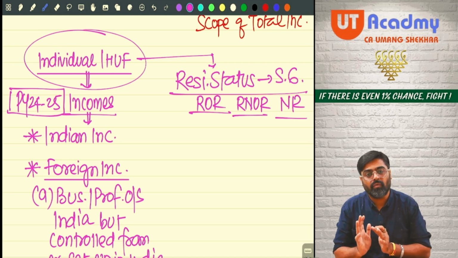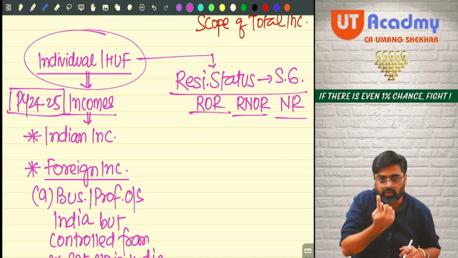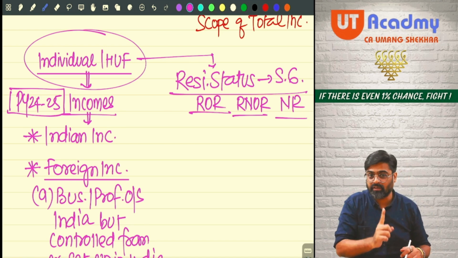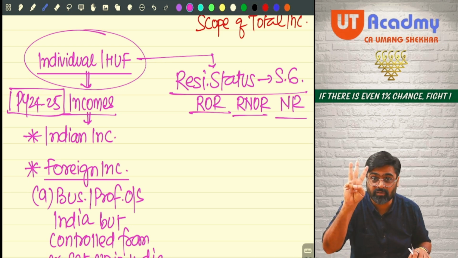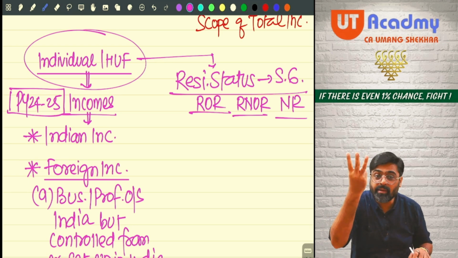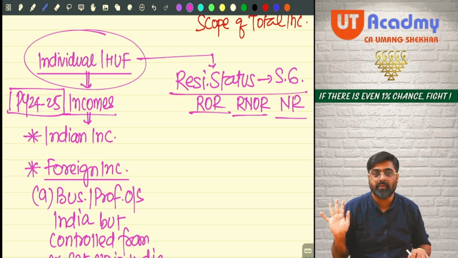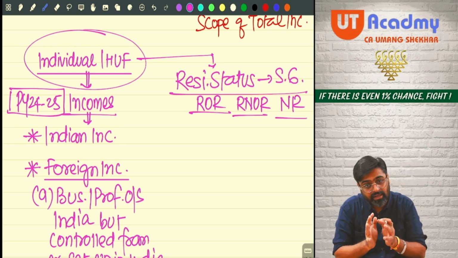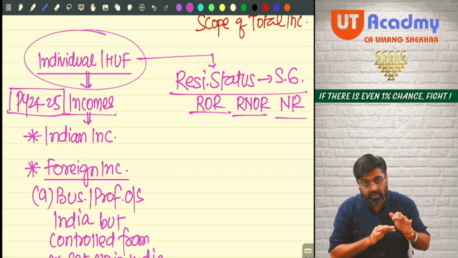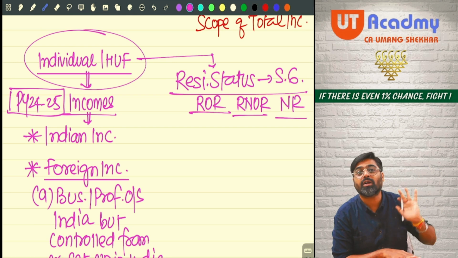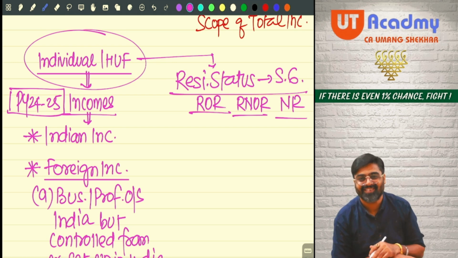There are three possibilities, but out of these three, only one can happen in this year. If he is resident and ordinary resident for this year, then he cannot be RNOR or NR, because he is already ROR.